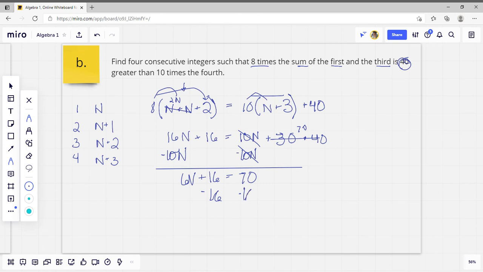And I'm going to get 6n equals 70 minus 16. 70 minus 10 would be 60, so 54.